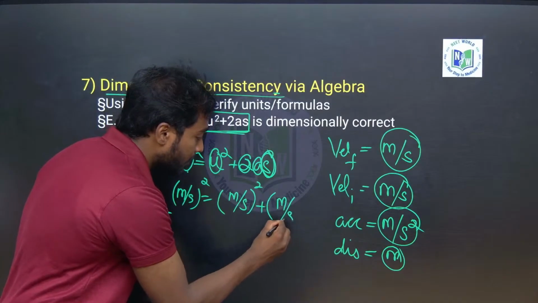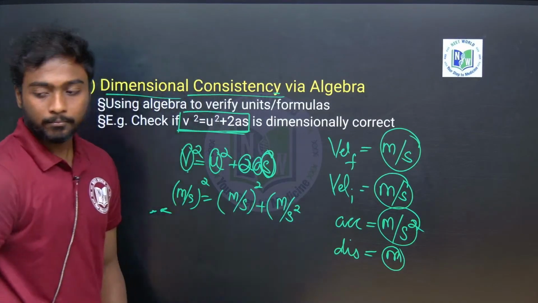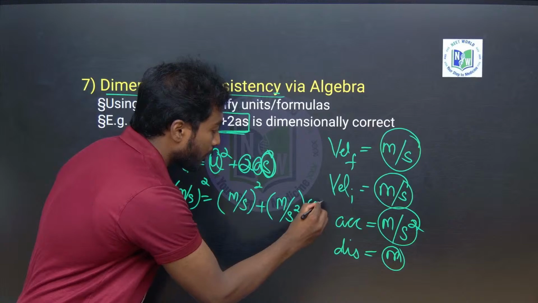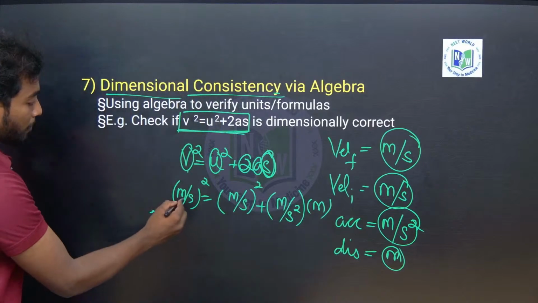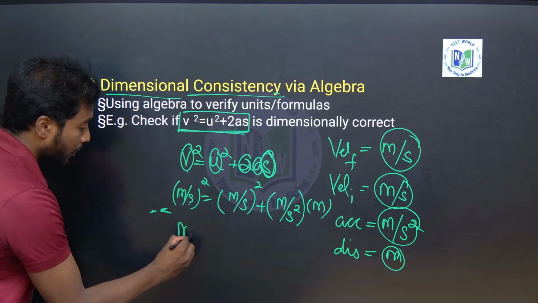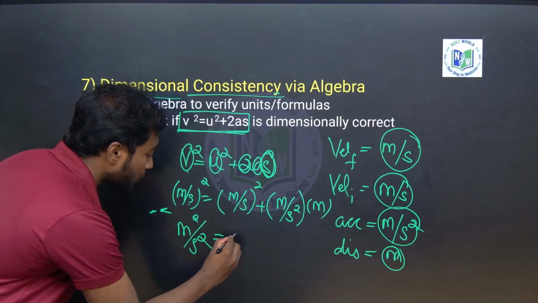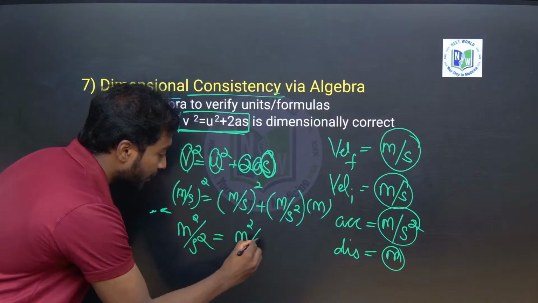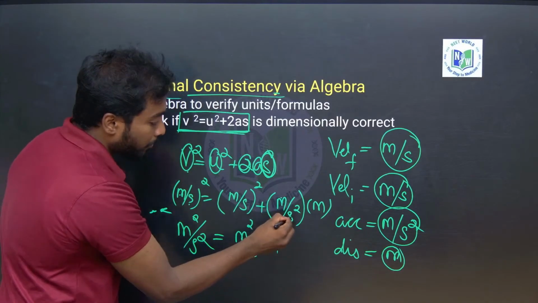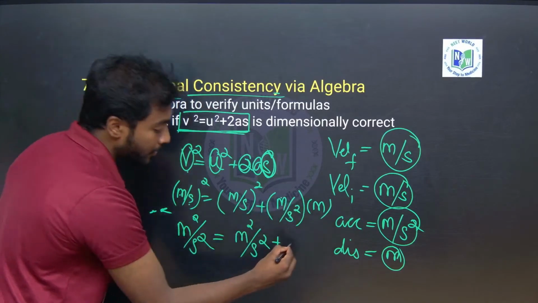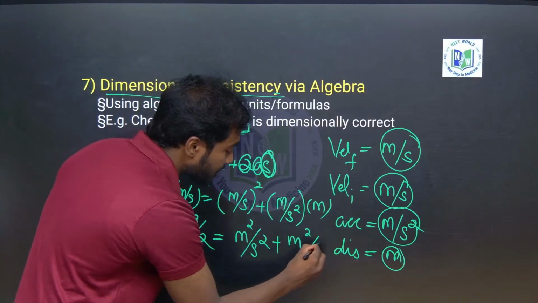Meter per second square into meter. So meter per second the whole square will be meter square by second square, should be equal to meter square by second square plus meter per second square into meter, again meter square by second square.